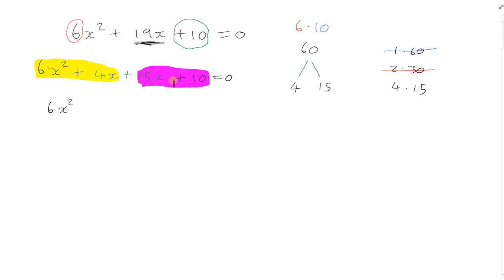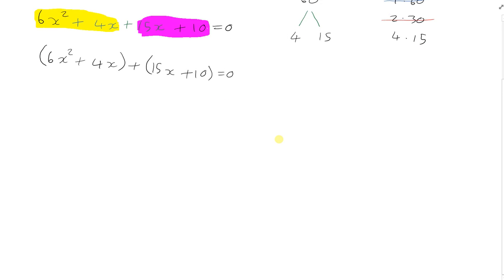This is what I mean. The best way to do this safely is to include parentheses around them. Can you see I bring down the plus sign here? Anyway, this is going to be 15x plus 10 equals 0.